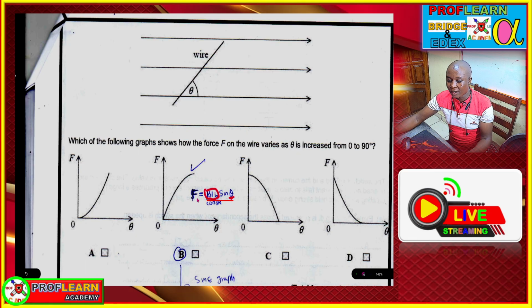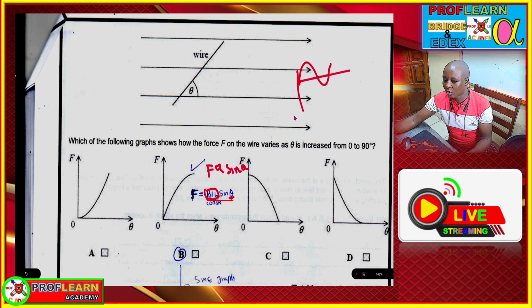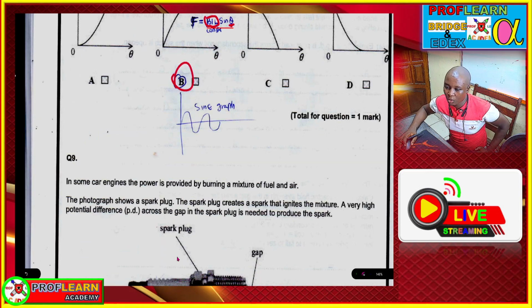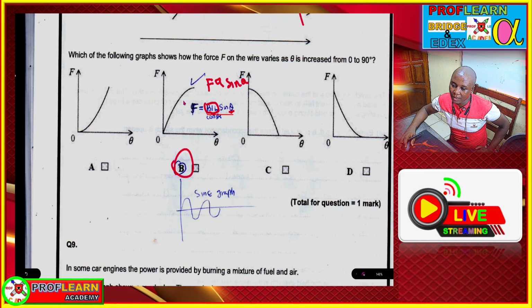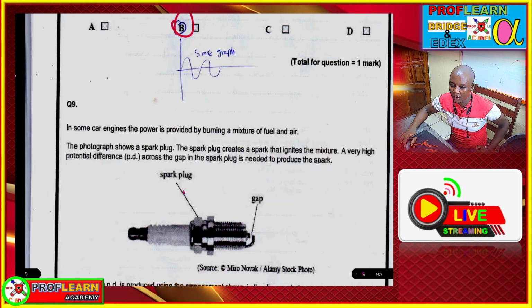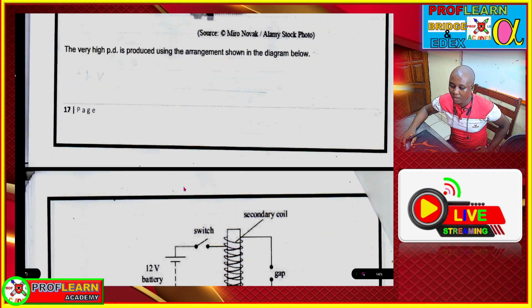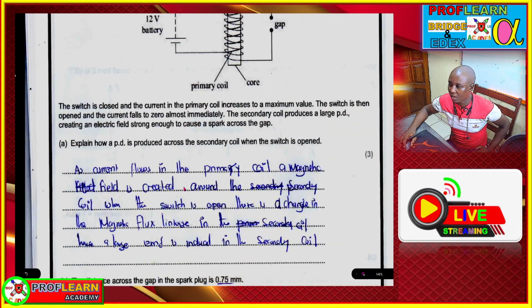So F is proportional to sine theta, and the sine graph is usually like this. So which one is behaving as a sine graph? It is part B. So the force will increase and then reach a maximum, then it will start going down. So that's the correct graph that you are to choose there.